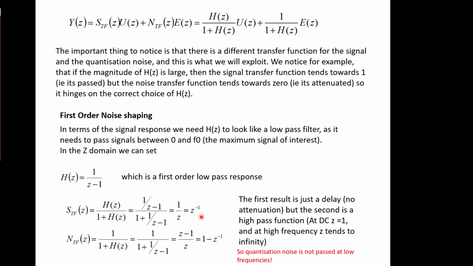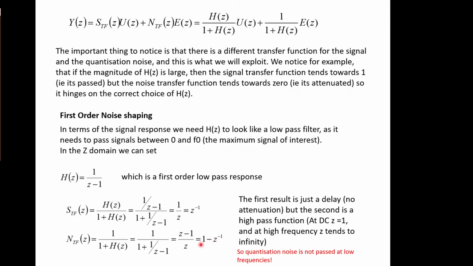The important point about Z to the minus 1 is that it is just a sample delayed by one time step, so it's a sort of flip-flop D-type latch. That's quite nice. And then the noise function is slightly more complicated: 1 minus Z to the minus 1, so it's 1 minus a delay.